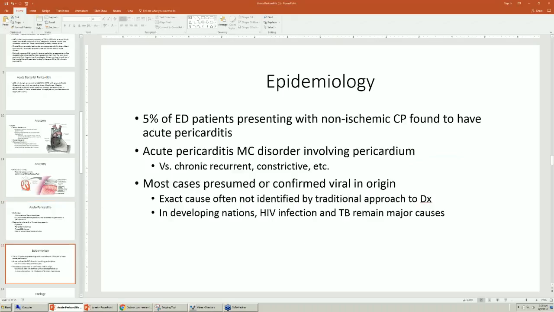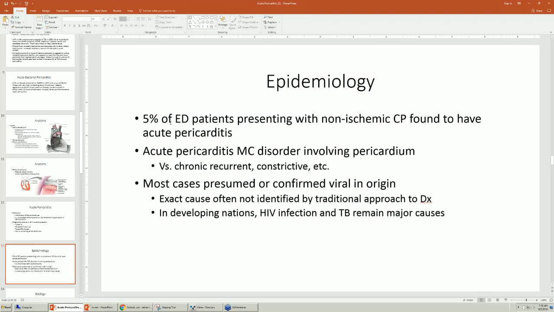And so we have 5% of emergency department patients present with non-ischemic chest pain or found to have acute pericarditis. And so we've got this breakdown of 50% of patients with chest pain coming to the ER. We're not really sure what's wrong with them, and they may not even get a diagnosis before they go home, but they rule out with negative troponins, negative EKGs, and have a low prevalence of heart disease by ruling out with those things, negative echocardiogram wall motion.